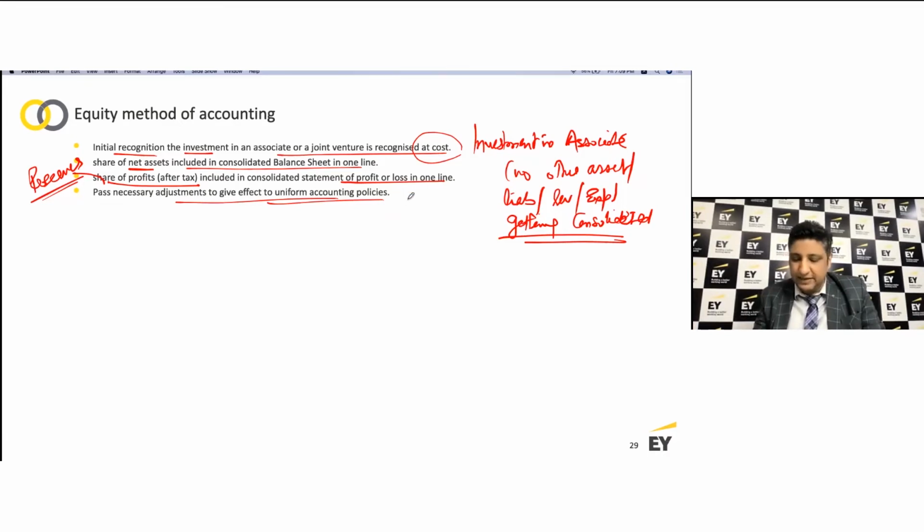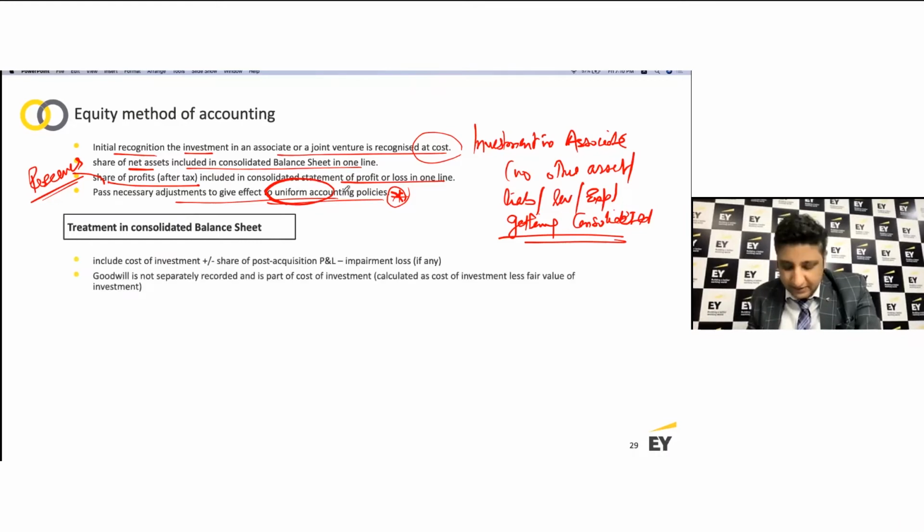Now this could be a little difficult to ensure in practice, because as an investor you don't control the other entity. If your accounting policies differ from those followed by the other entity, the standard expects that you both follow uniform accounting policies for the purposes of accounting here. But can you really direct that? Very likely no. So yes, there are practical issues around this, but let's not bother about that at this stage.